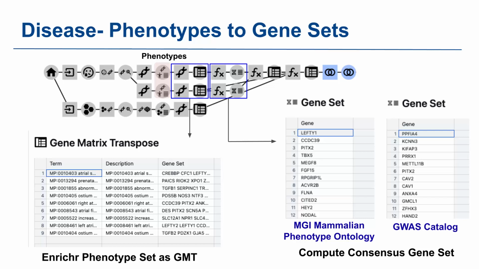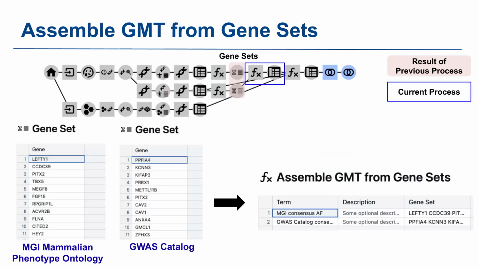Playbook Workflow converts Enrichr phenotype sets from both databases into GMT files and uses them to compute consensus gene sets for MGI mammalian phenotype ontology and GWAS catalog. With gene sets from both, the Playbook Workflow assembles a GMT file.